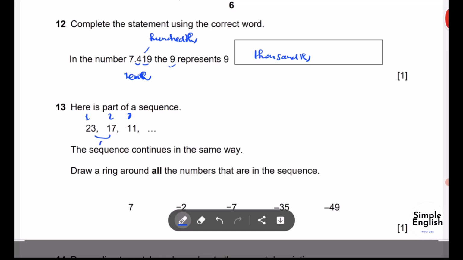So here it means 6, right? The sequence will continue by subtracting 6. So let's continue. So that must be 5, right? 5 minus 6 means negative 1, right?